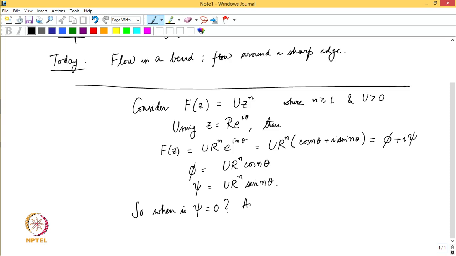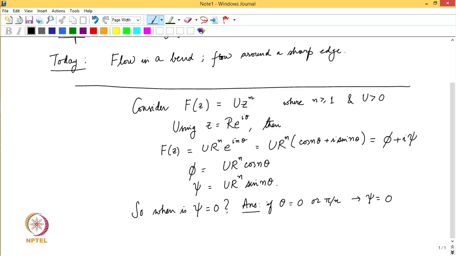Clearly, psi will be 0 if, of course, r is 0, that means you are right on the origin, but more importantly when n theta is a multiple of pi, including 0. So, if theta is 0 or pi by n, these would be the first 2 roots of this equation. In this case, psi happens to be 0.